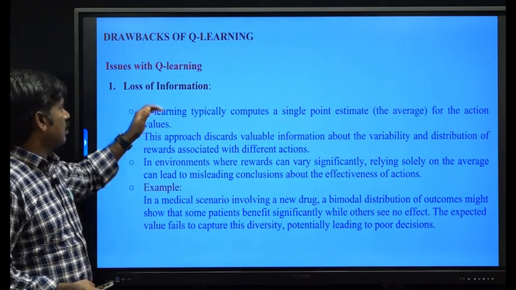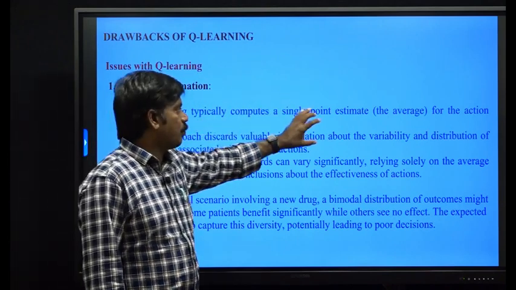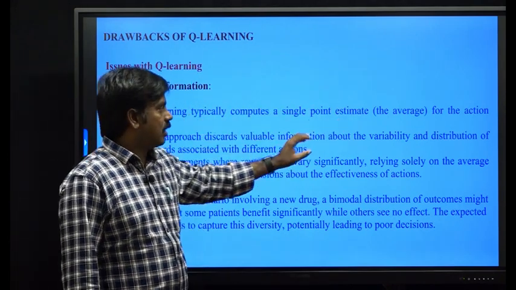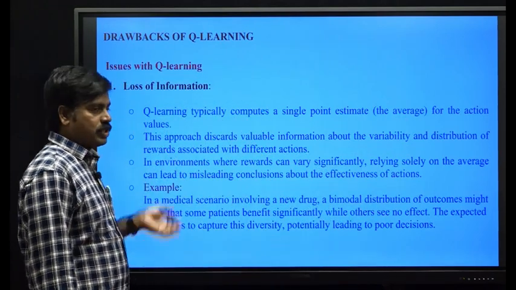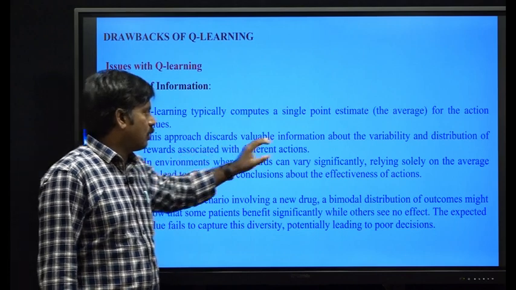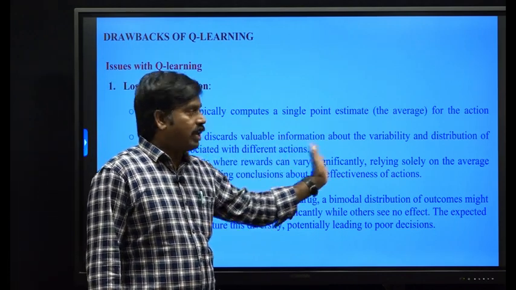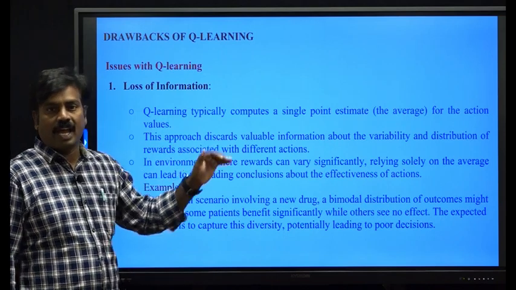The first one is the loss of information. Q learning typically computes a single point estimate. It calculates the average reward of the state action pairs. This approach discards valuable information about the variability and distribution of rewards associated with the different actions.